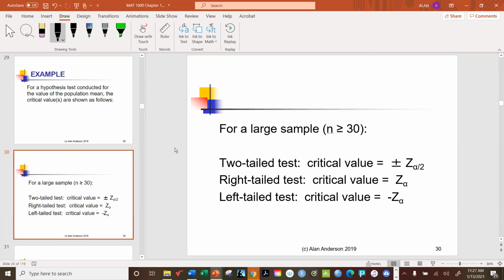So the two-tailed test uses two critical values, plus and minus z alpha over 2. This is exactly what we saw with the confidence intervals yesterday. We didn't call them critical values, but that's what they're known as. In other words, remember we had x bar plus and minus z alpha over 2. It's a z-score. In this context, it's referred to as a critical value.